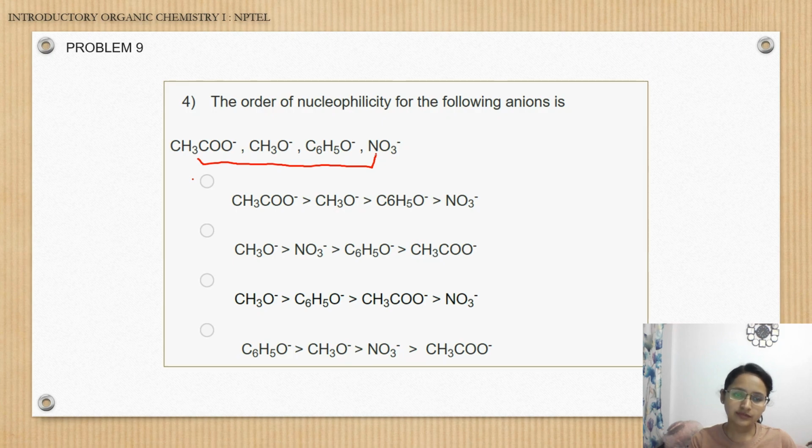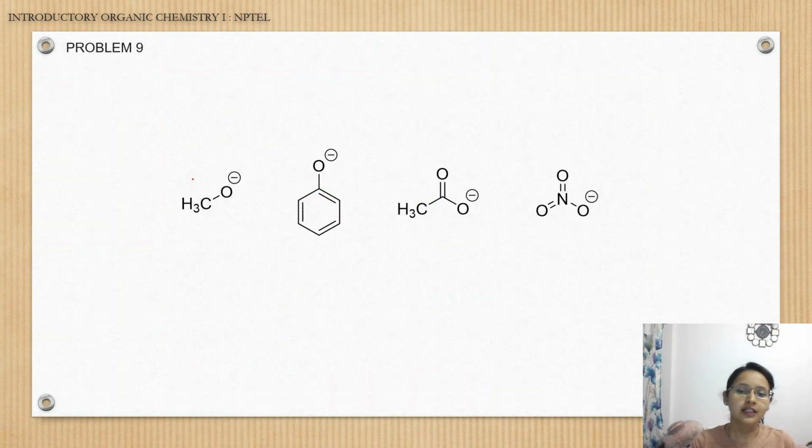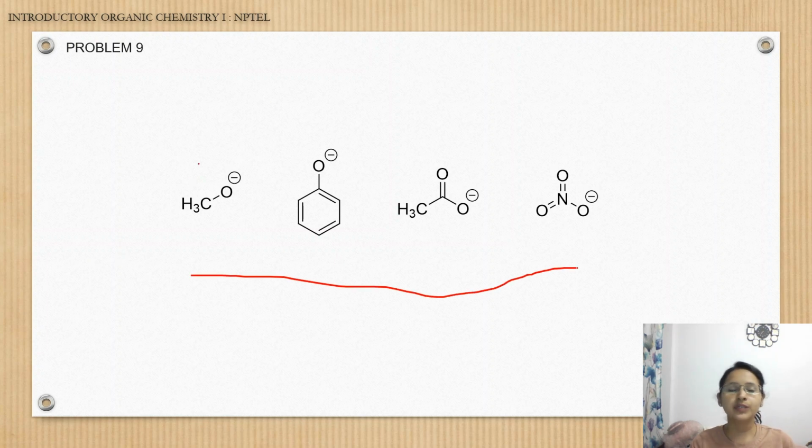Option 1. Okay, so I'm giving you a hint and then you will tell me which will be the correct one, right? You are saying one, but after listening to my hint, see whether your answer changes or not. So these are the things which you need to know now.